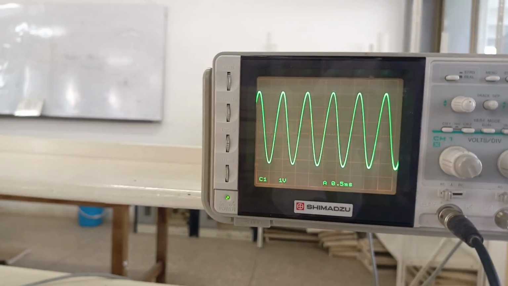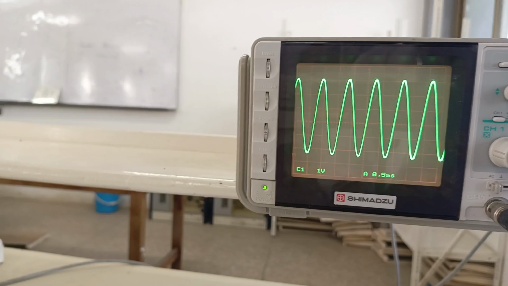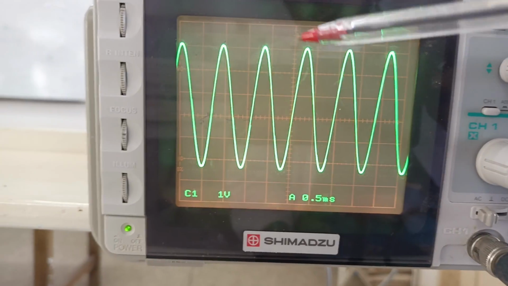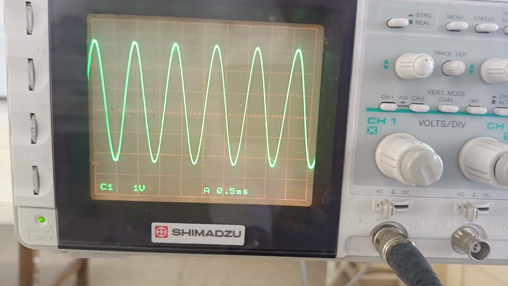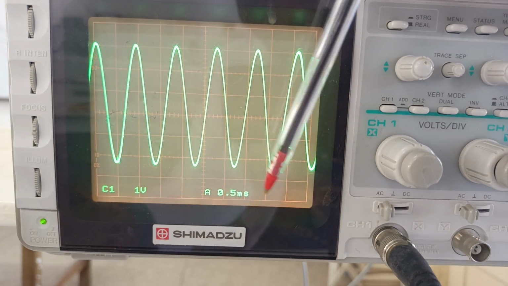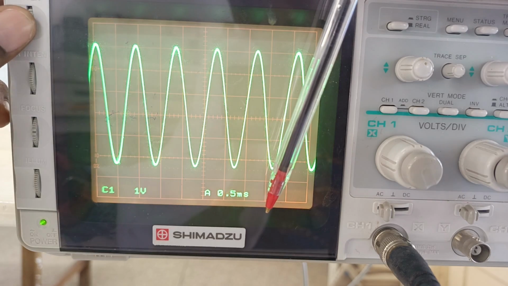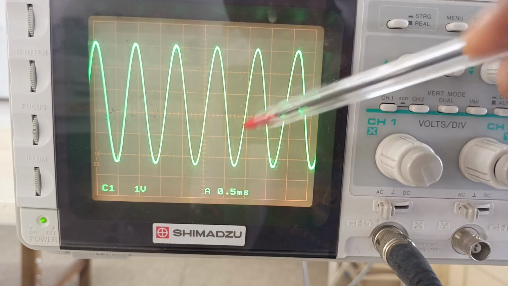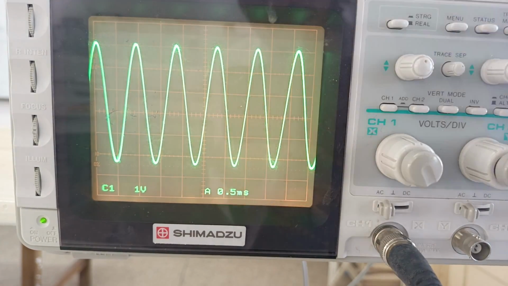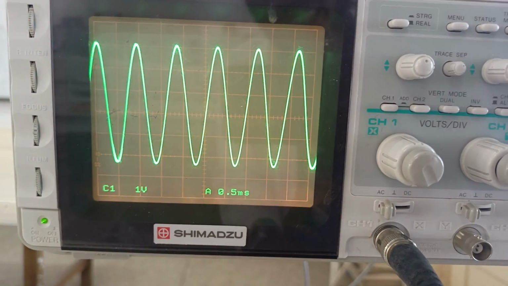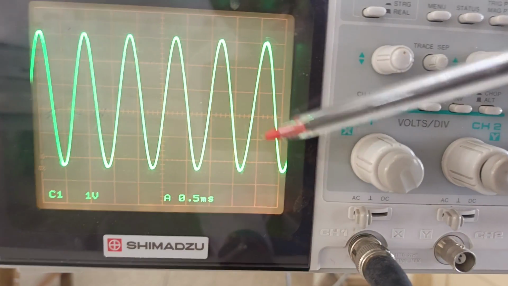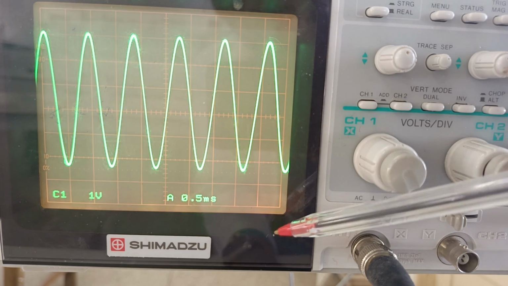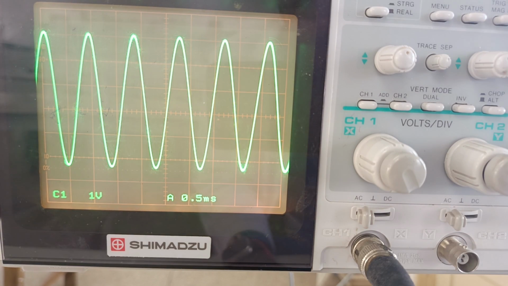Now let's see how to calculate the amplitude. On the oscilloscope, you see those divisions. Each box you are seeing here is 1 centimeter.